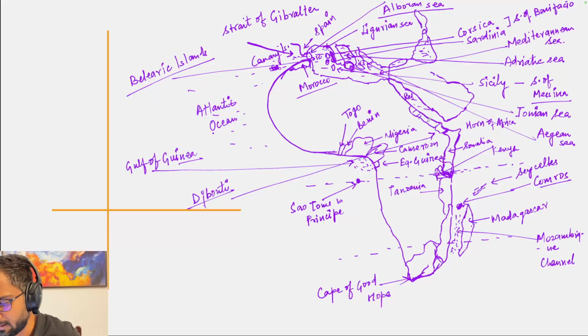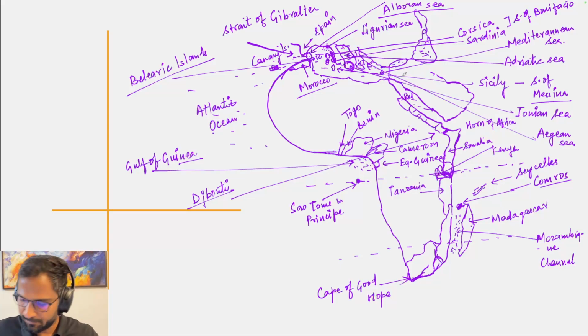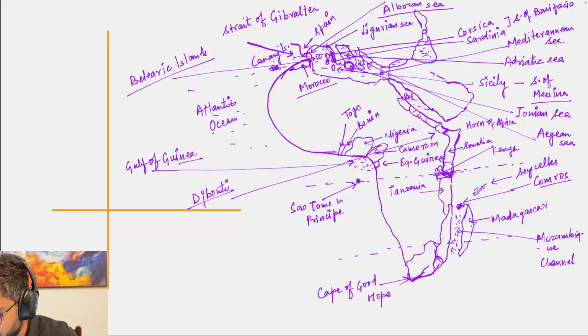This is Eritrea, and next to Eritrea, further north, you'll find Sudan, and after Sudan, over here, you'll find Egypt. This country is Egypt.